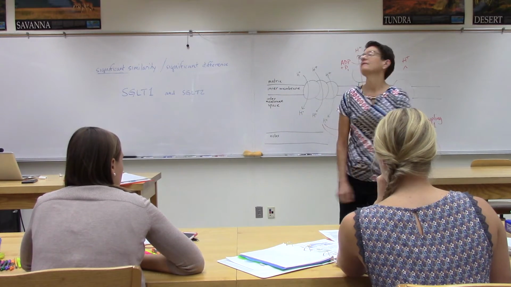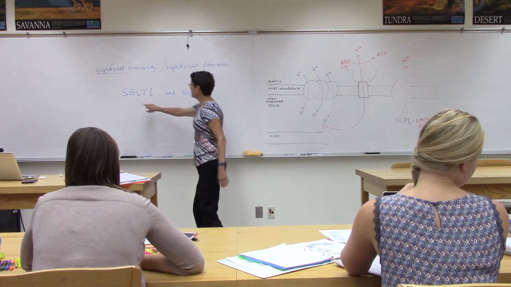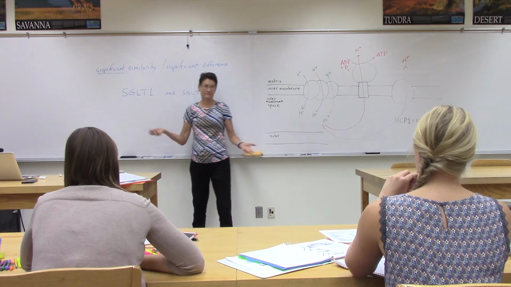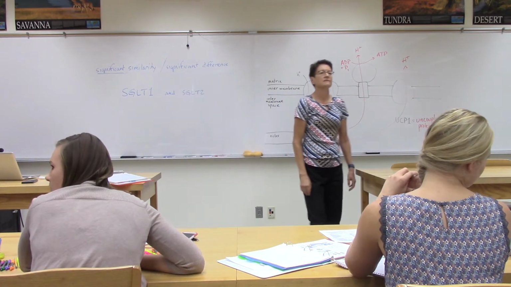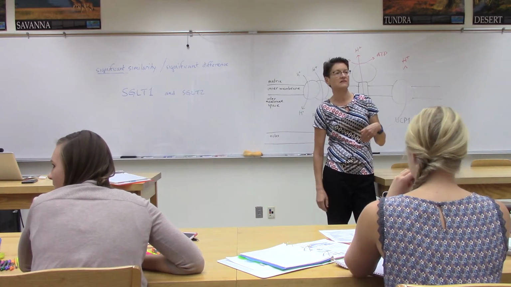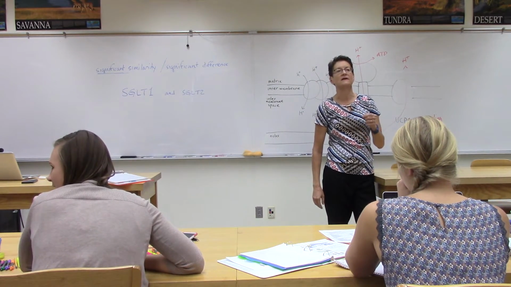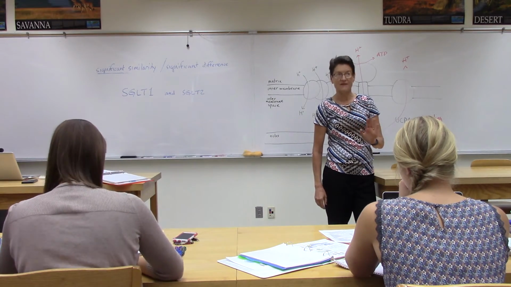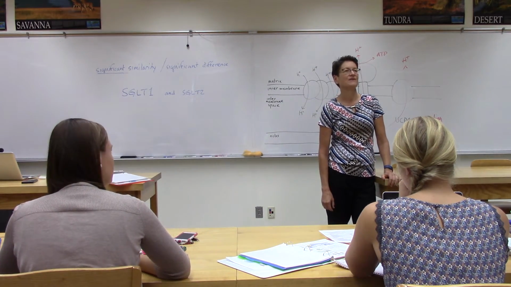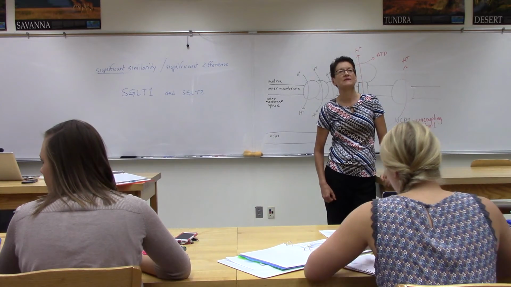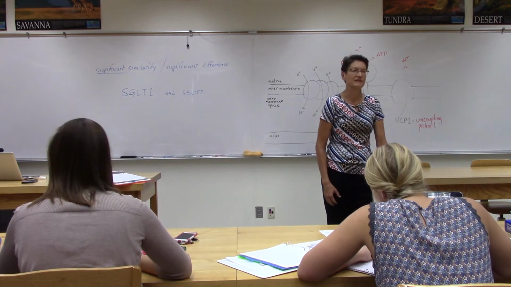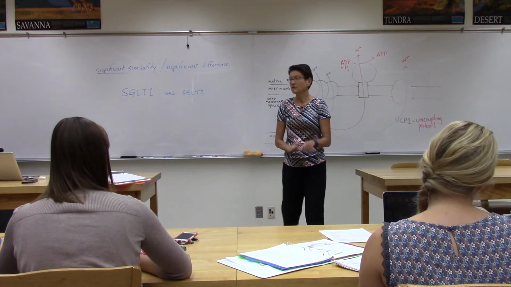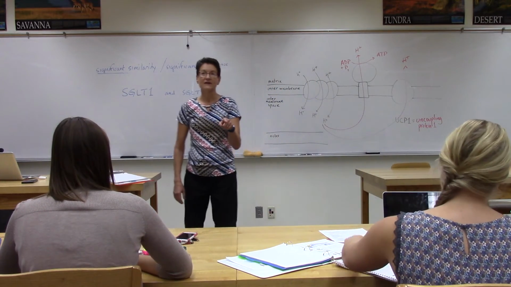If you said these are both sodium glucose importers, they both use the movement of sodium down its concentration gradient to drive the pumping of glucose up a concentration gradient, that would be great. To say that they're both in the kidney is not enough, since there are other glucose transporters in the kidney too.